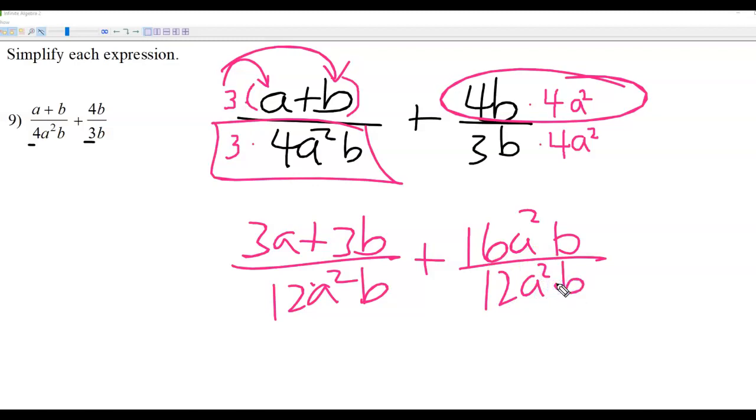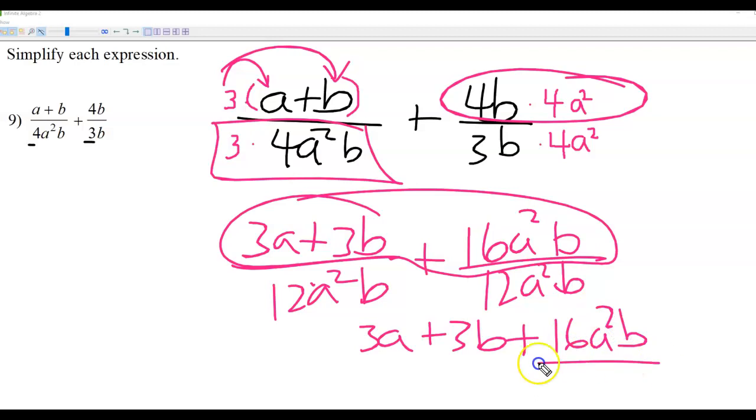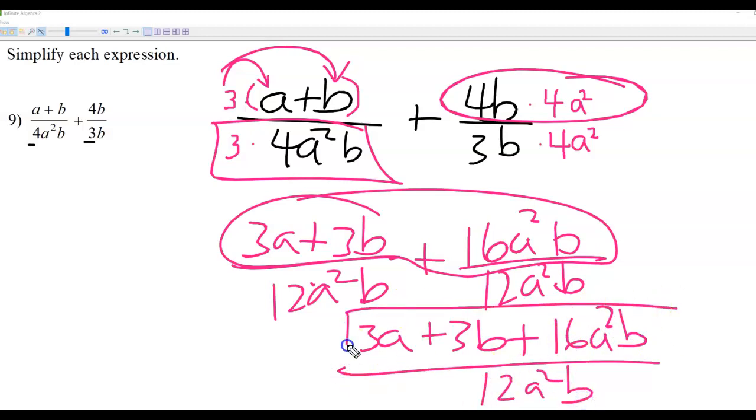And now that we have a common denominator, we're just going to add the tops. Now notice there's no like terms there, so we'll just put them all together on the top like this, with that one common denominator. And that top expression is not going to factor.